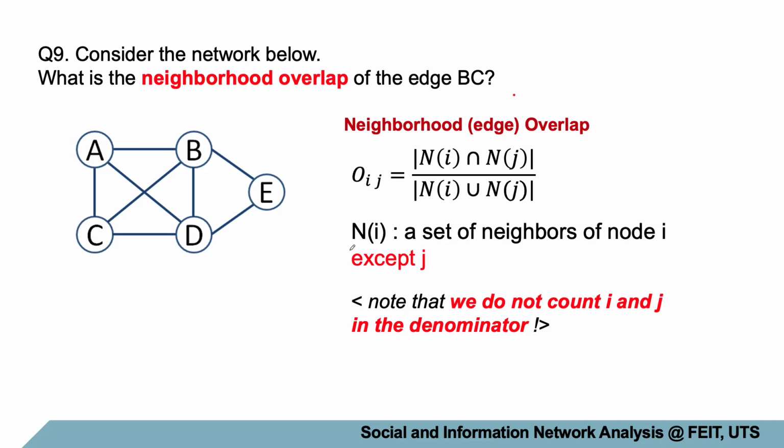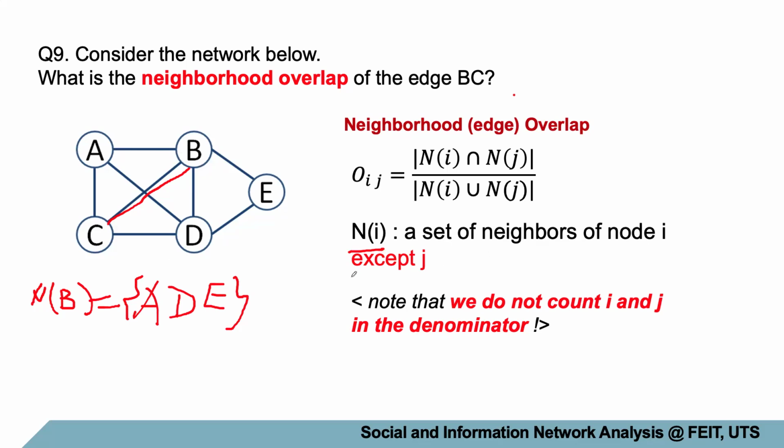Firstly, we need to find the neighborhood set of these two endpoints, B and C. So for NB, it includes the neighbors of B, which are A, D, and E. Remember, we don't include C in the neighborhood of B.